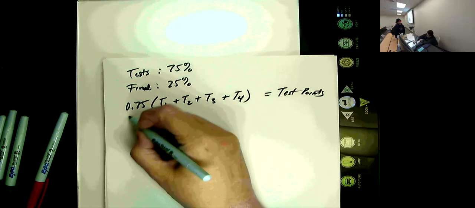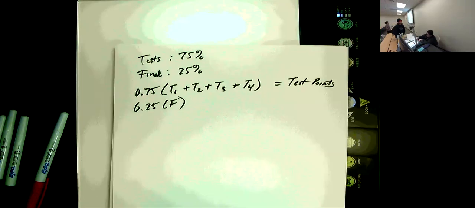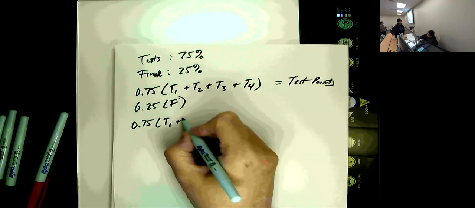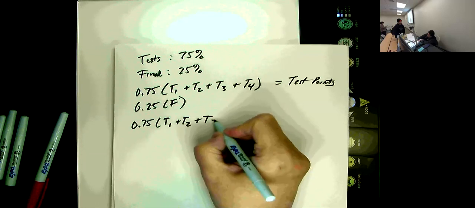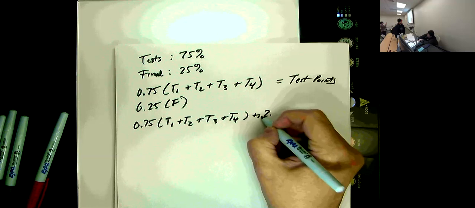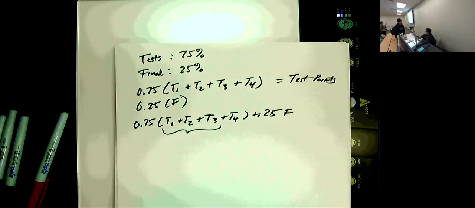And your final exam will be 0.25 times the final exam score. Add those up. You already know your scores for those 3.